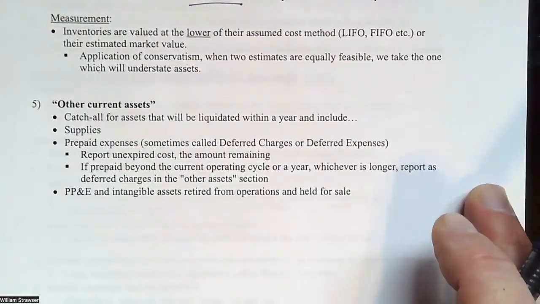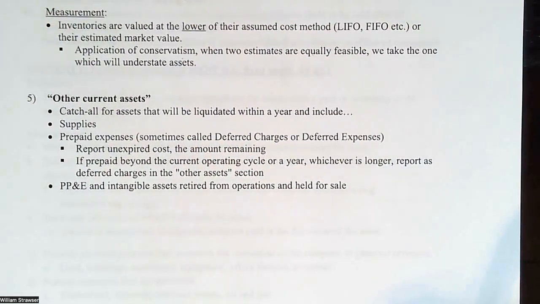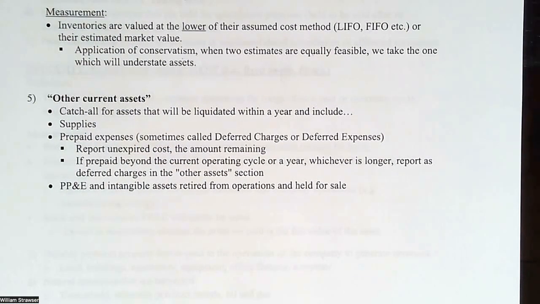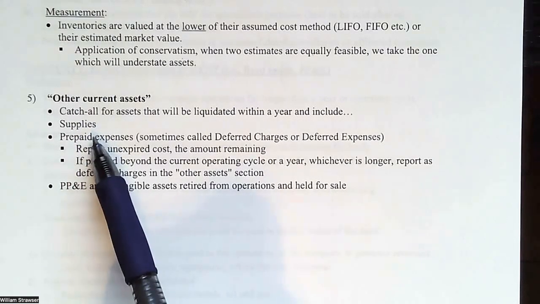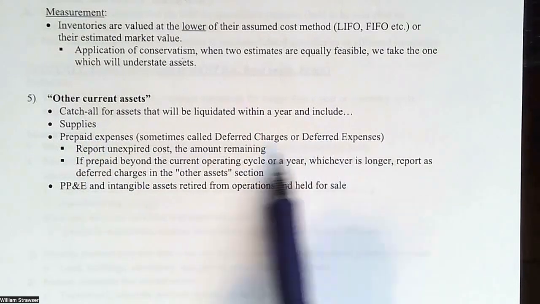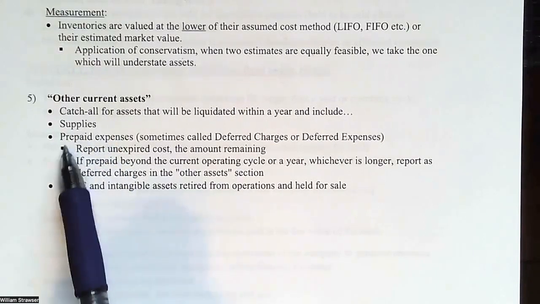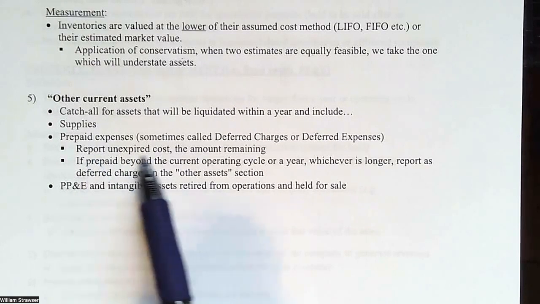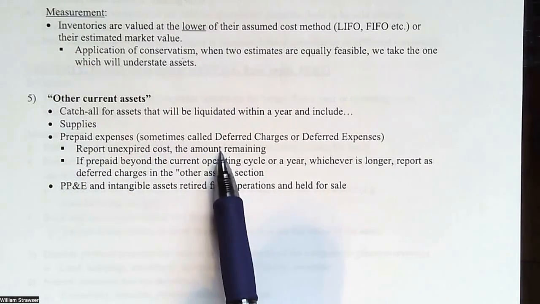Now, you might be thinking, wait, what about the prepaids and the supplies? Because we made a big deal about those in the first part of this course. Well, this is just assets we throw into an other category, other current assets. It's a catch-all for things that we are going to liquidate within a year. The two most common are supplies and prepaid expenses. Prepaid expenses can have other names; I will use prepaid expenses. We report the unexpired cost, the amount that's still remaining.